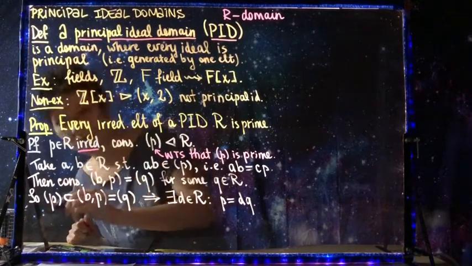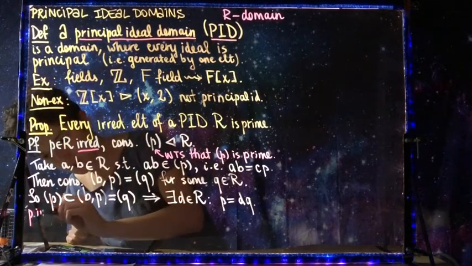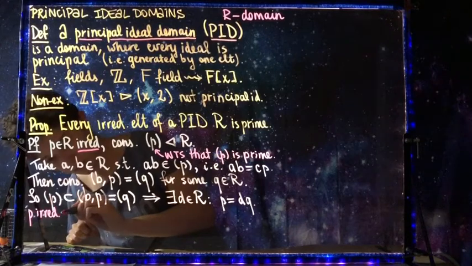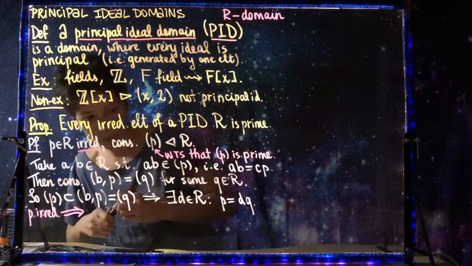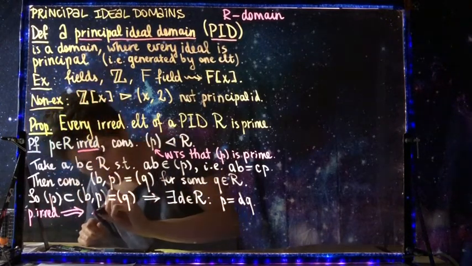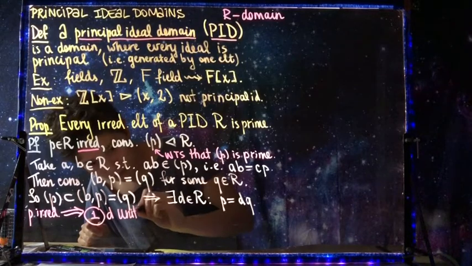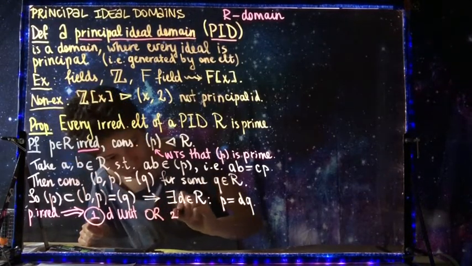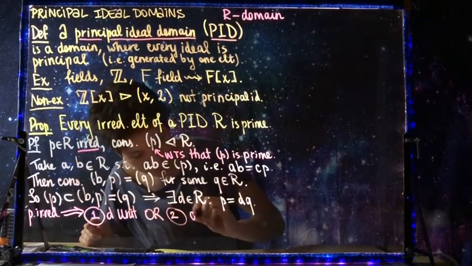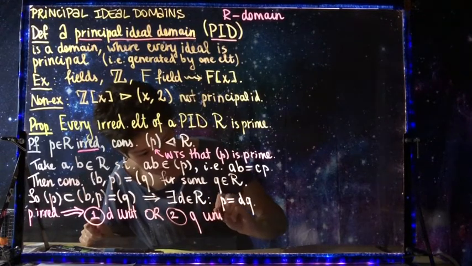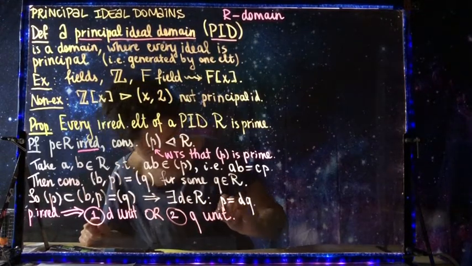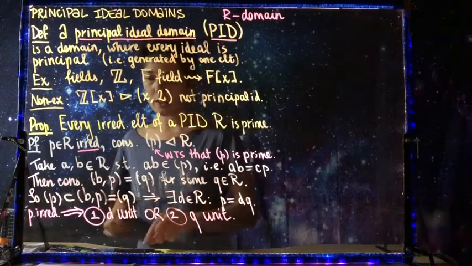We started with an irreducible element P, which means that either D is a unit or Q is a unit. Let us work out both cases separately.